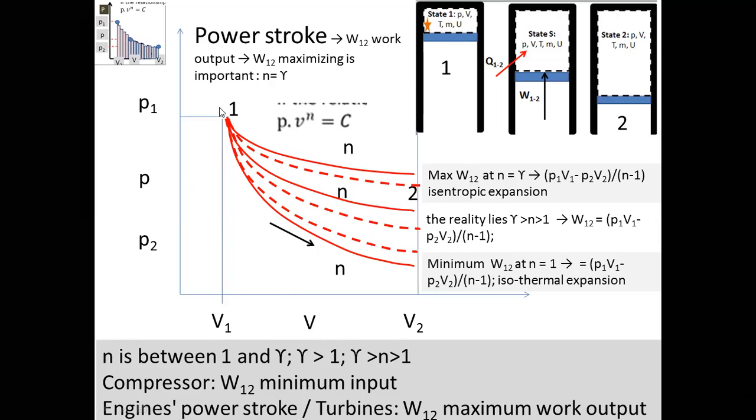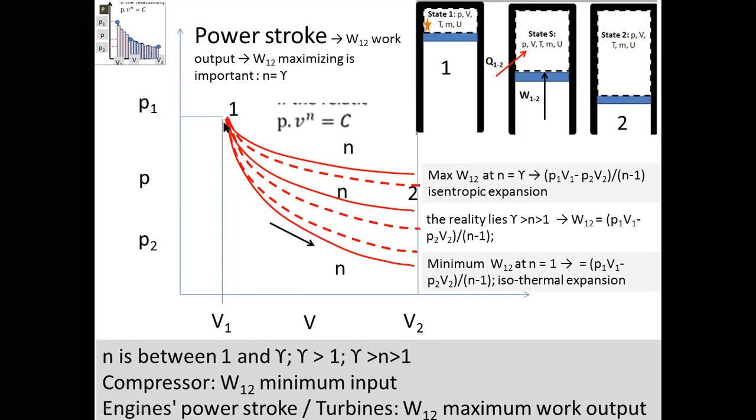If the PV curve is running at a very low level, your work done is very little. But we need high work done, a higher area under PV. For the highest work done, n has a value of gamma. That's the maximum limit.